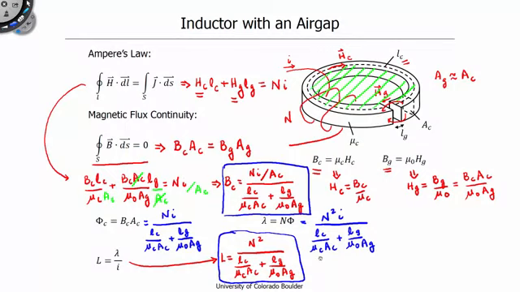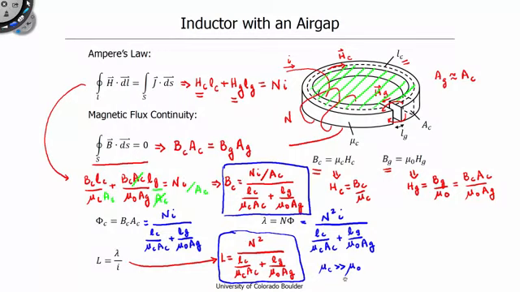Let's ask the following question. What is the relative value between mu naught and mu C? Recall that mu C is much greater than mu naught, typically 1,000 to 100,000 times bigger.